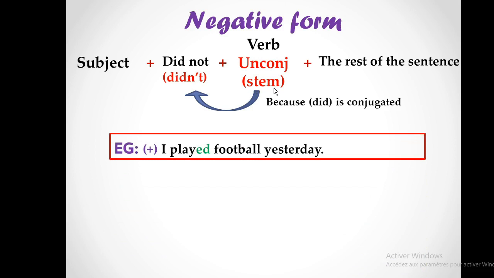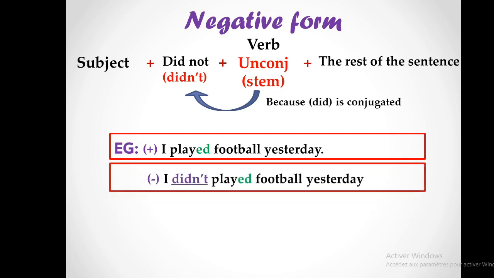So let's have an example. I played football yesterday. I want you to turn the sentence into the negative. Try. Okay, let's see. I didn't play. Very good. I didn't play football yesterday. There is no ed because we have did.